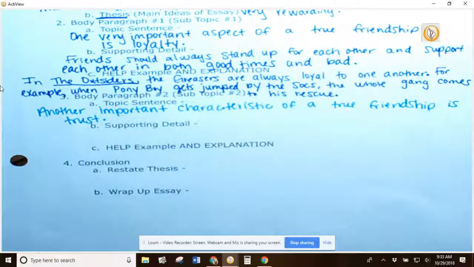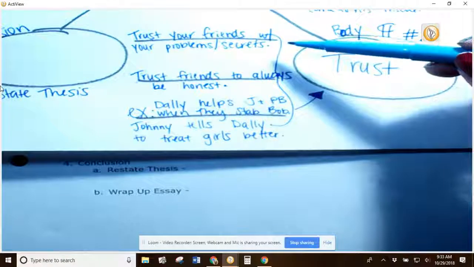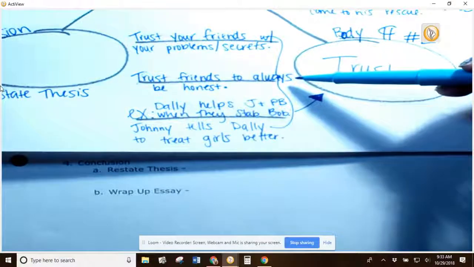Okay, so then we need to put in our supporting details, which we have on our bubble map. We said trust your friends with your problems and your secrets. Trust your friends to always be honest.